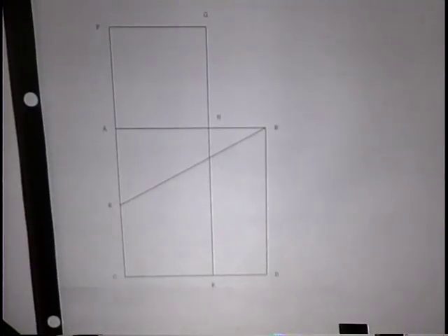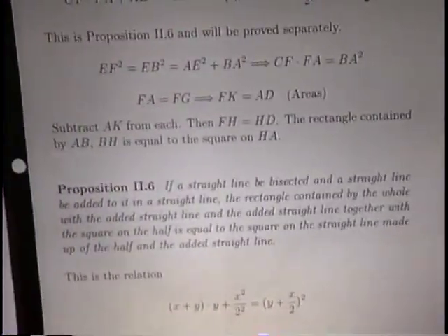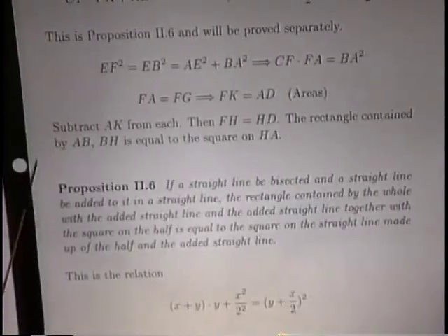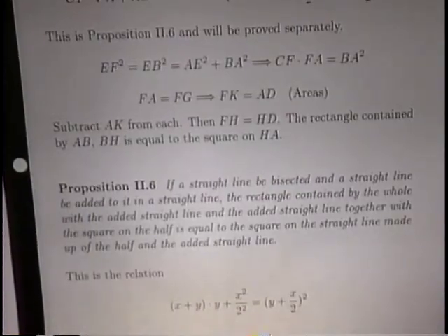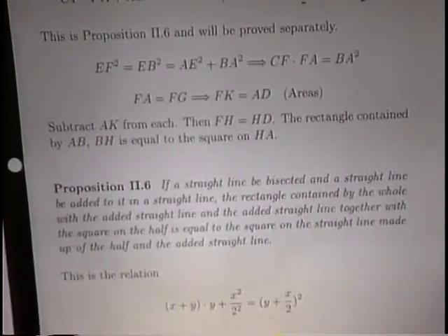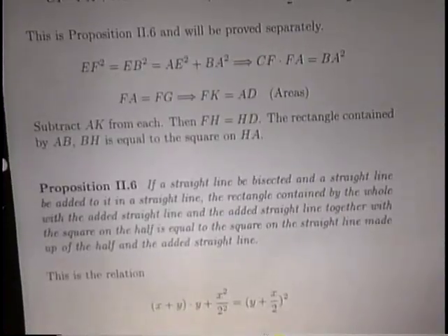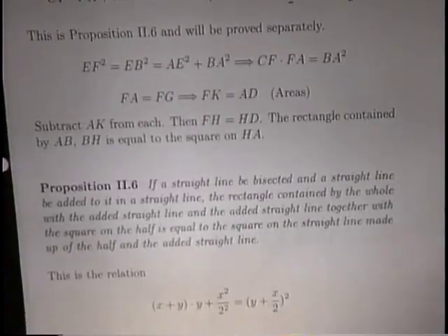That's what he's trying to show. And as a first step, we need this relation, that CF times FA plus AE squared, so this is the area of a rectangle, and this is the area of a square, is equal to EF squared. That's another square. What I claim is that if you think about it algebraically, he's working to establish (y+1)y plus (1/2)² is equal to (y+1/2)². Now, if you multiply the right side out, you see that I hope it's equal to the left side.